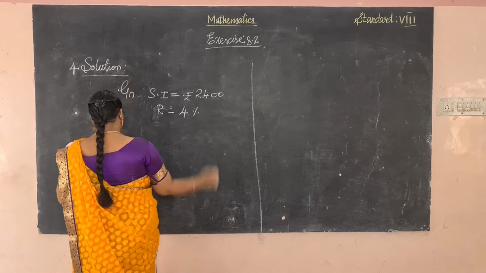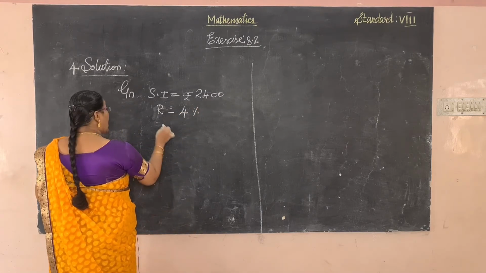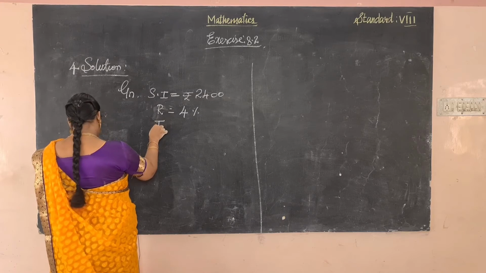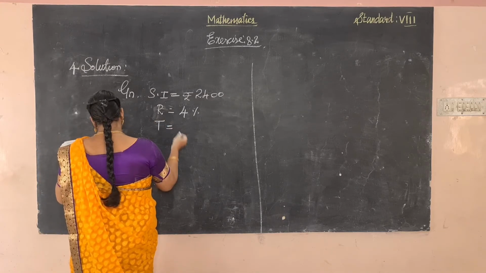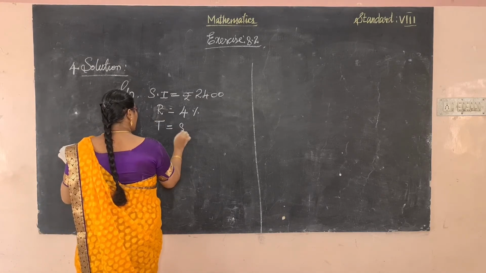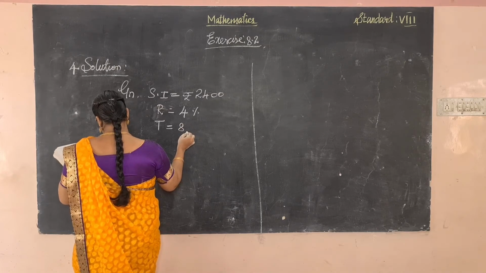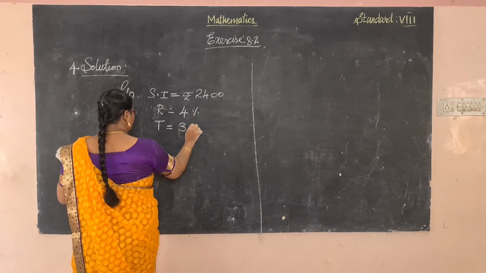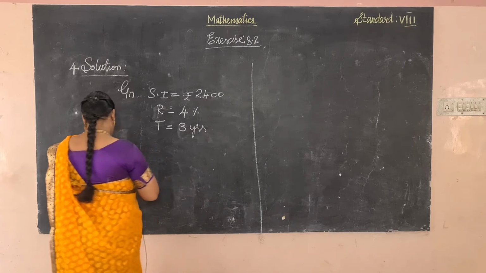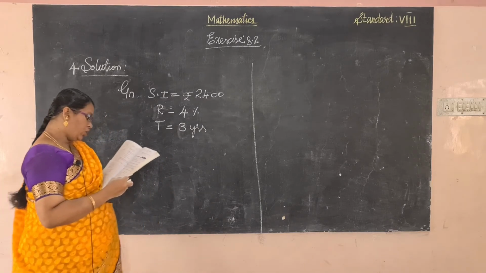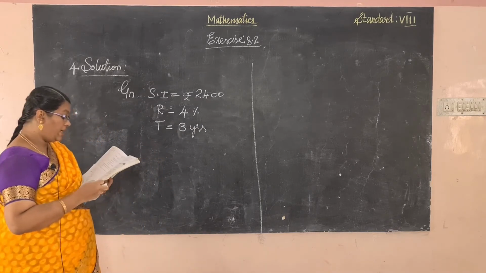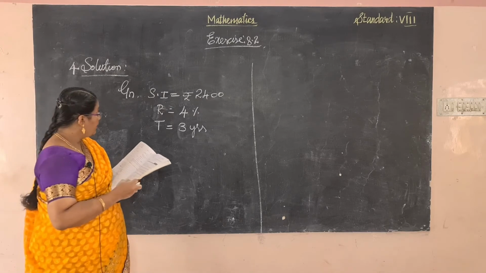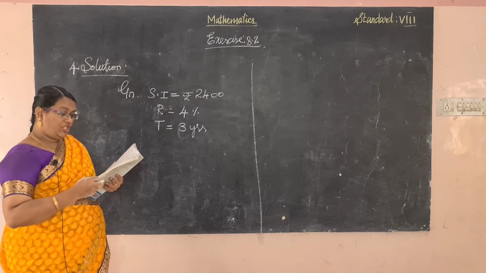The rate of interest is 4% and the number of years we denote T. So T is equal to 3 years. Find the compound interest for 4% per annum for 3 years on the principal which gives the simple interest.